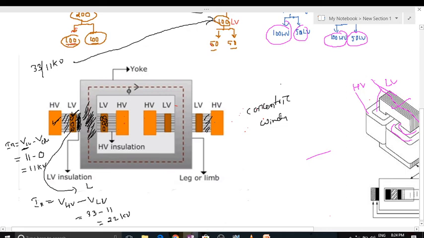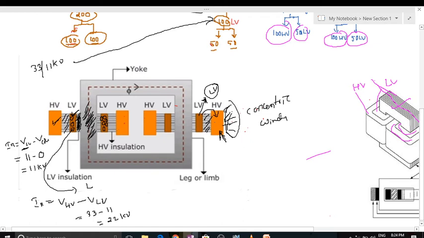If we use such a procedure, we can reduce the leakage flux. Whatever leakage flux takes place due to the LV winding will link with the HV winding. If any leakage flux takes place on the outer side of the HV winding, there is no chance to use it.